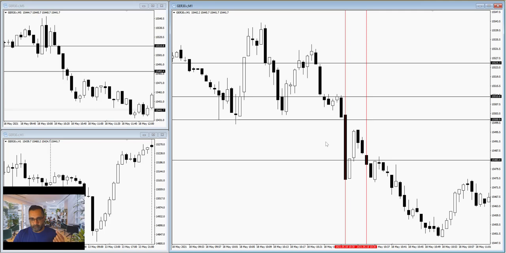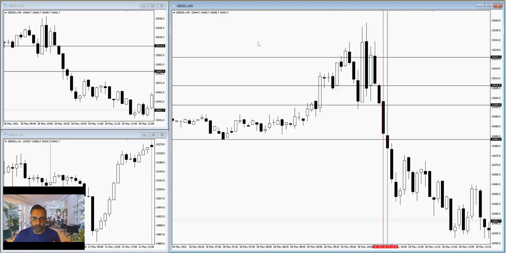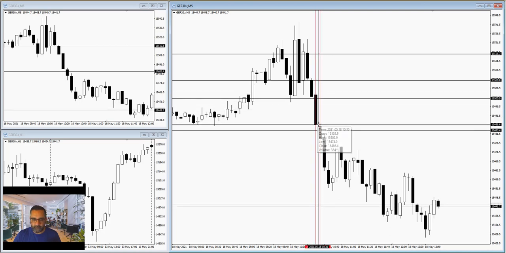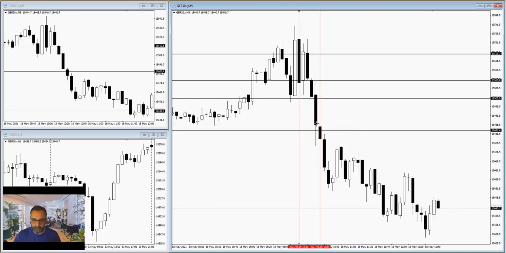So one way to get in was, as soon as you see the breakout, go to the M1 and take this pullback. Or on the M5 chart, within this candle, at the end of the trend candle, over here, you just go short, have your stop loss up there.